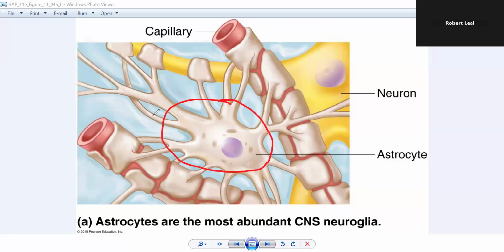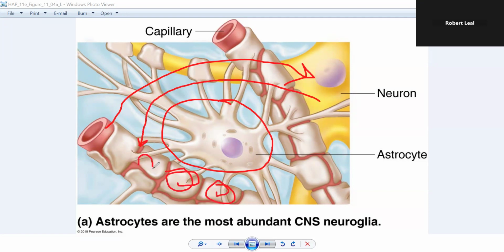Its job is to help shuttle nutrients from capillaries to the nerve cell and then help shuttle its waste products away from the nerve cell. That's one of its jobs. The other job, as you can see, is that it's tightly wrapped around the capillary that provides oxygen and nutrients, so it keeps things from easily having access to your brain. It's providing what's referred to as a blood-brain barrier, keeping things that may cause harm to the brain out.